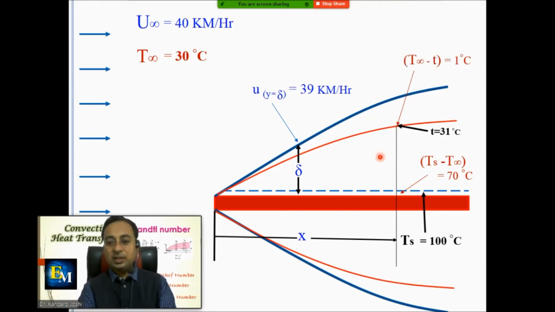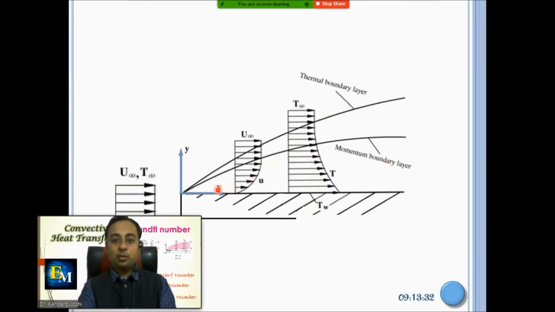So this thickness, delta T, is known as the thermal boundary layer thickness. Now Prandtl number is the connecting link between delta and delta T. So we have one thermal boundary layer, it may be outside or inside of the velocity boundary layer, and one velocity boundary layer, or say momentum boundary layer.